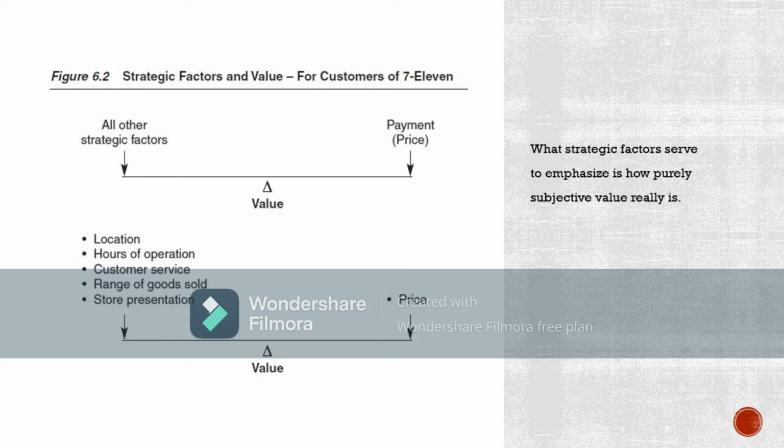If the equation is positive, such that customers feel they are getting a good deal, they remain loyal. If, on the other hand, they don't think performance on these 5 factors is at least equal to the price, they look elsewhere. What strategic factors serve to emphasize is how purely subjective value really is.